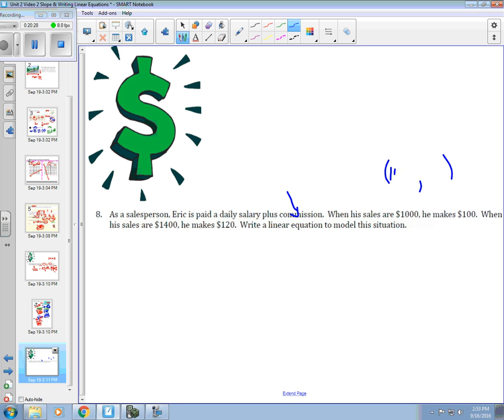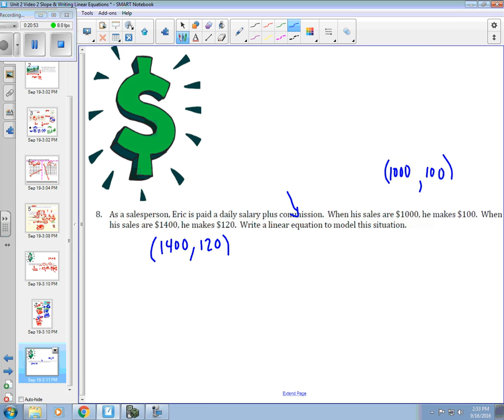When he sells 1,000, he makes $100. Okay. It also tells us when his sales are 1,400, he makes 120. We want to now use these to make an equation. Well, whenever you got 2 points, you can find slope. So the first thing, find the slope on this one.